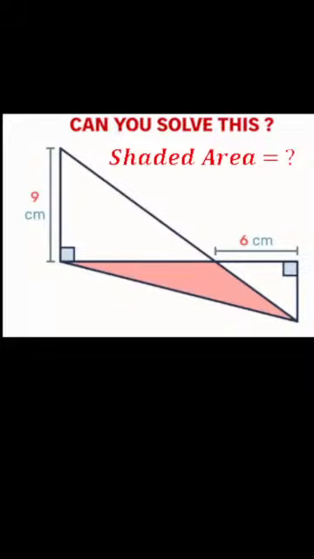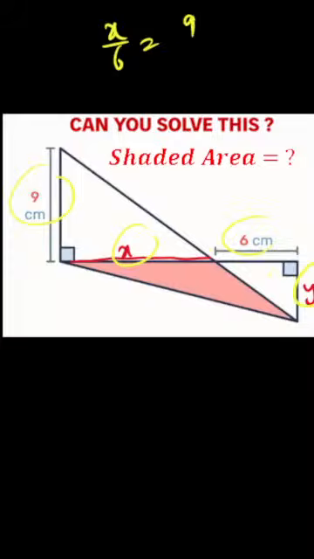If I mark this side as x and this as y, and the figures are similar, we can write their corresponding sides in the same proportion, right? So x upon 6 is equal to 9 upon y. From here I get x into y as 9 into 6. So xy is going to be 54.